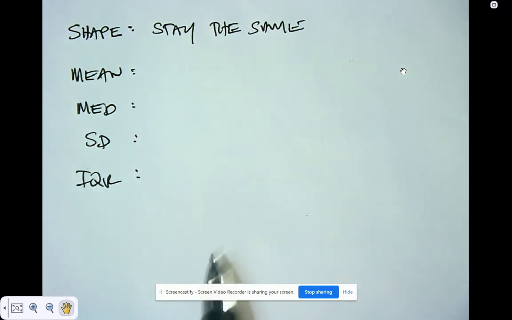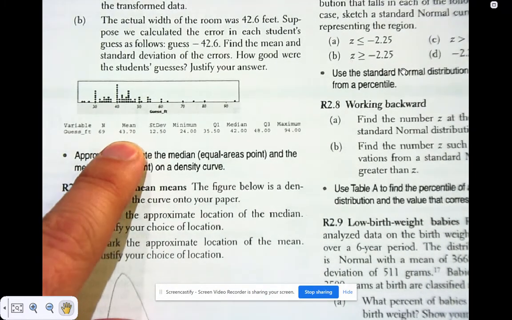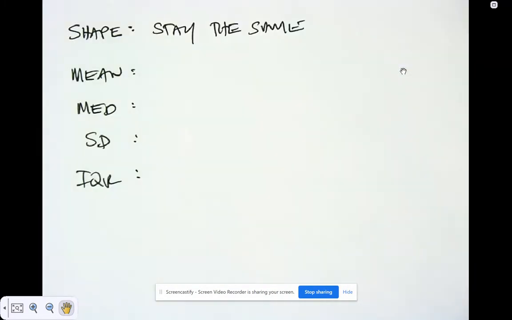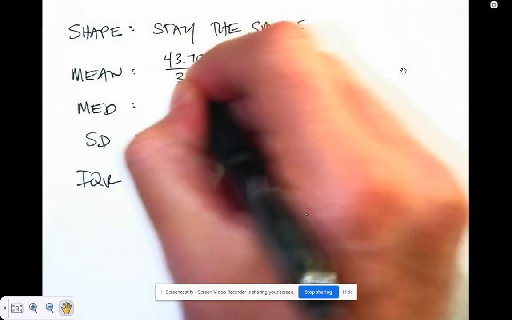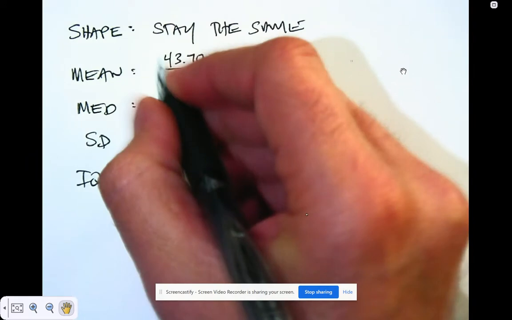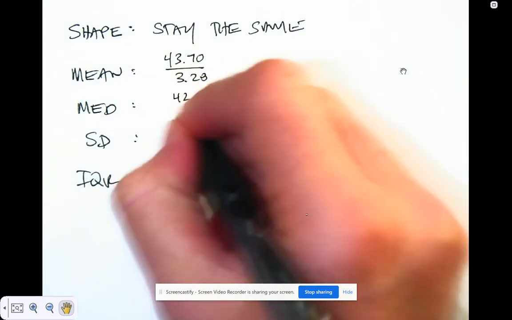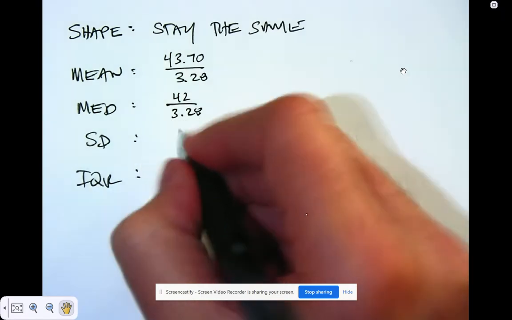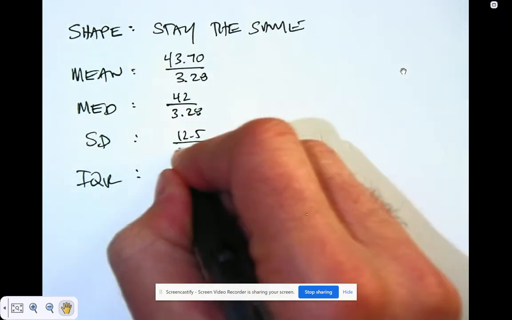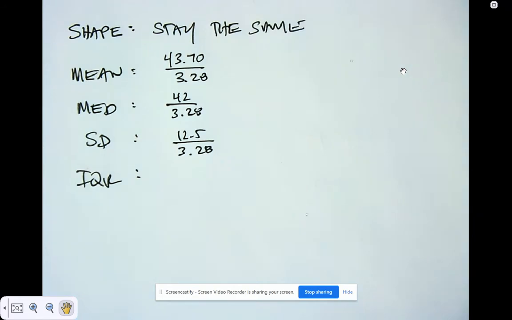Okay, so let's start with the mean. If you look at your summary statistics, it tells us the mean is 43.70. So you would do 43.70 and divide by 3.28. Your median was listed as 42 divided by 3.28. Standard deviation was given as 12.5 divided by 3.28.